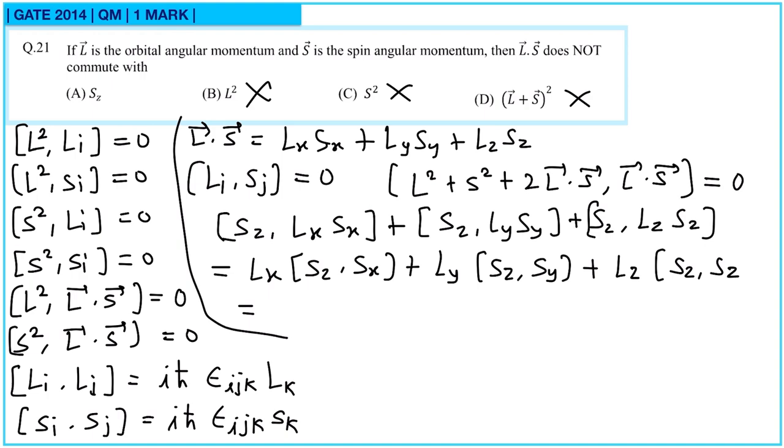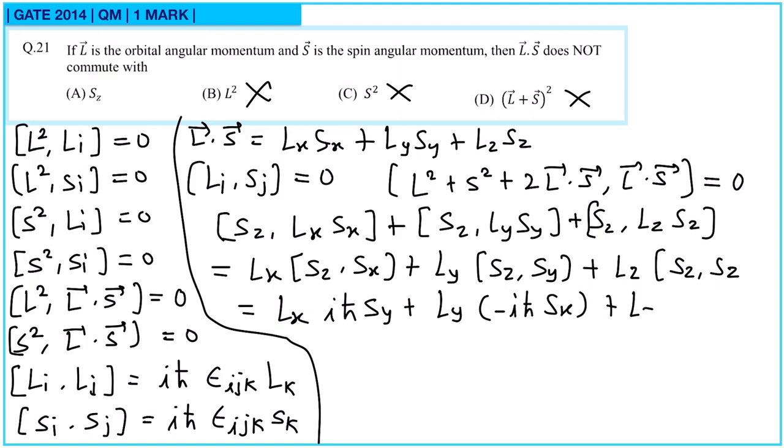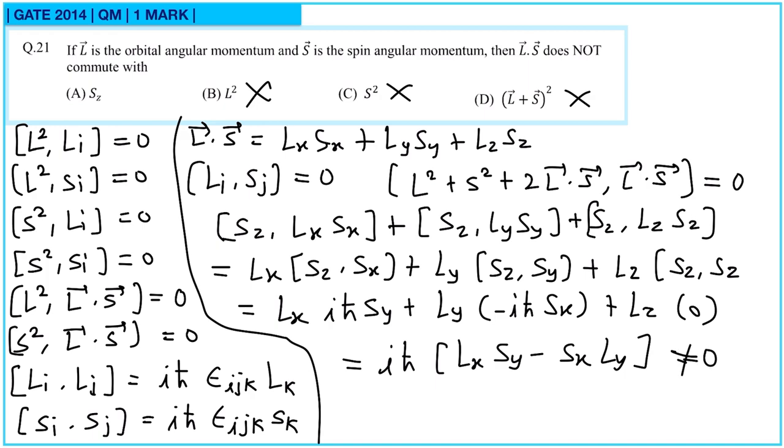So this will be equal to Lx into i h cut Sy plus Ly into minus i h cut Sx, plus Lz into 0. We can take i h cut common, so i h cut Lx Sy minus Sx Ly. So we are getting this, and this is not equal to 0. So it is not commuting with Sz. So option A is correct.